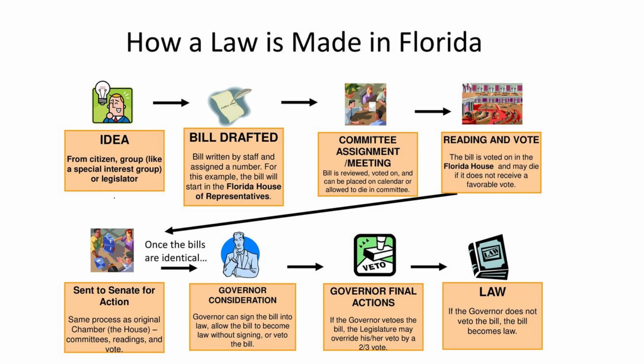If the bill is vetoed, it still can become law if the legislature overrides the veto by a 2/3 vote in both chambers. If the bill is not vetoed or it passes this 2/3 vote, the bill becomes a law and is assigned a session law number.